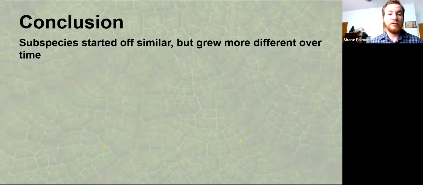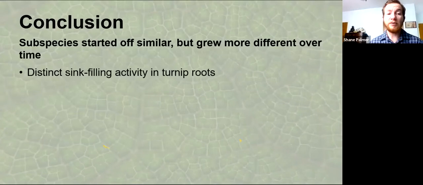So as I mentioned, all three subspecies started off pretty similar in a lot of different ways, but they grew more different over time. The most distinctive of this was the sink filling activity in the turnip roots.